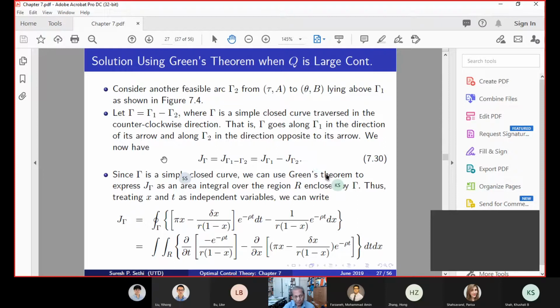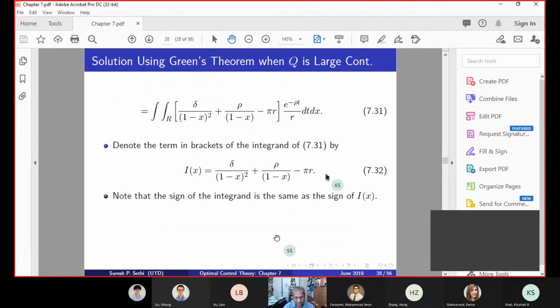Okay? So J gamma, which is J gamma 1 minus J gamma 2, is by Green's theorem given by this formula.